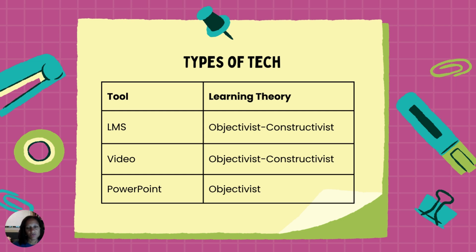So there's a continuum: objectivist, constructivist, and connectivist, I think it is, dealing with social connections. And that represents who is in control of the resources and the learning experience. And of course, with objectivists, the instructor is in control of the resources and the activities and is the leader in that.